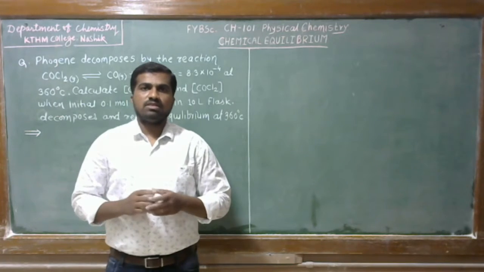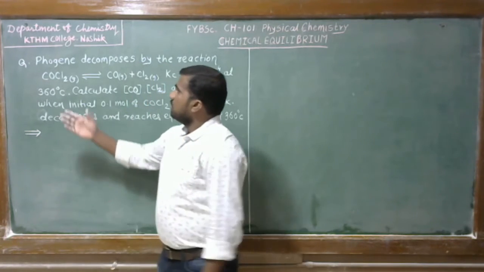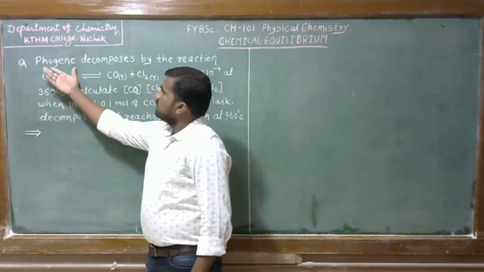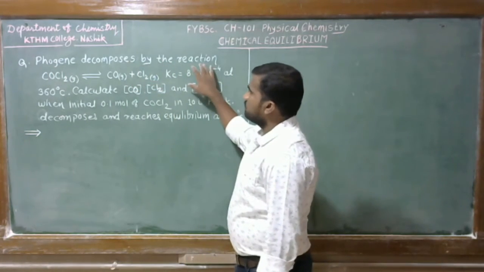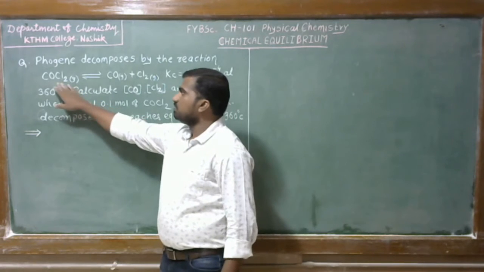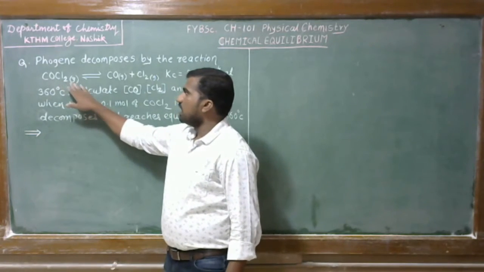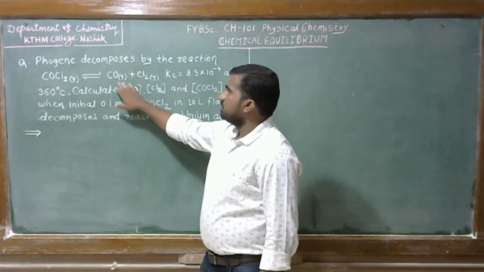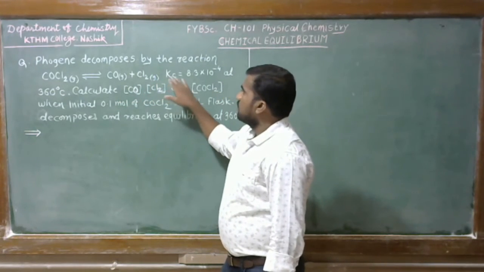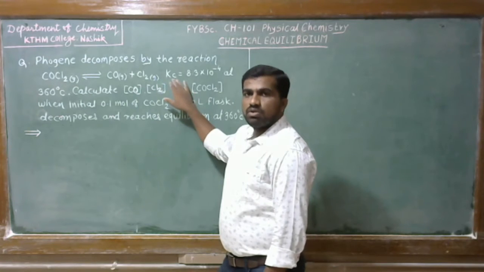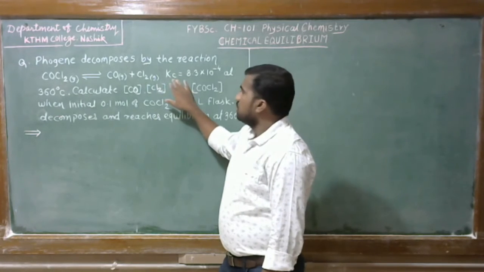The problem is that phosgene gas decomposes by the reaction COCl2 gas gives CO gas plus Cl2 gas, and the equilibrium constant value is also given.